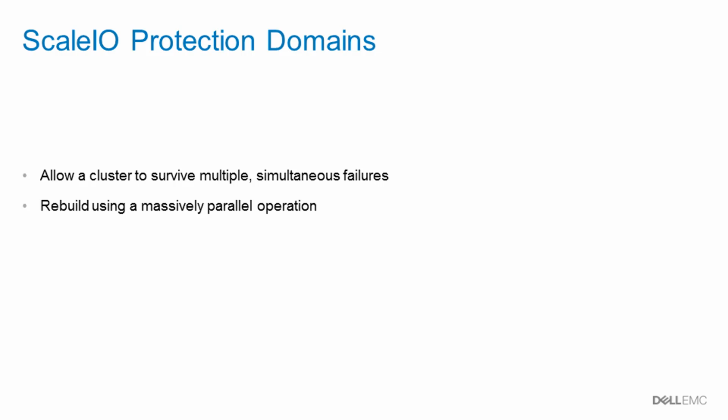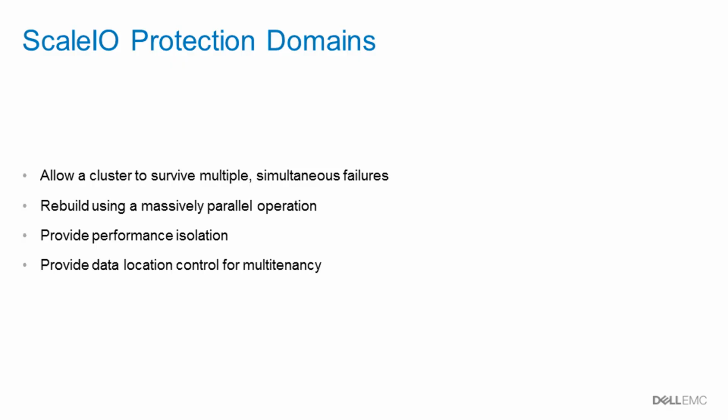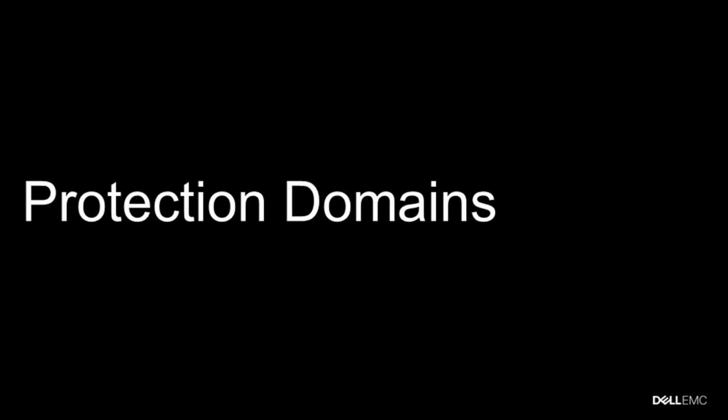In addition to the ScaleIO quality of service implementation, protection domains can provide tenant performance isolation. Finally, protection domains can be used to provide data location control for multi-tenancy. Protection domains in ScaleIO provide a simple, automated approach to data protection and bring enterprise-grade data protection to software-defined storage.